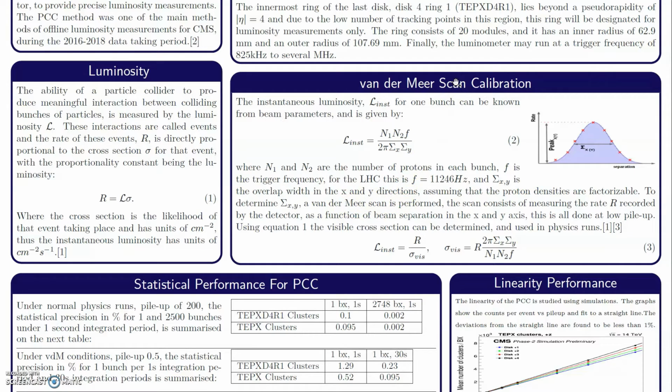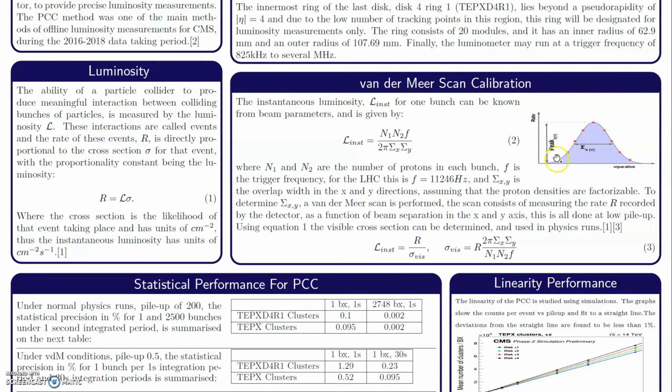To determine sigma x and sigma y, a Van der Meer scan is performed, which consists of measuring the rate recorded by the detector as a function of the beam separation, and this is done in the x and y directions separately. Once this is done, a Gaussian function is fitted to the data, and the width of that Gaussian function will correspond to sigma x and sigma y respectively.